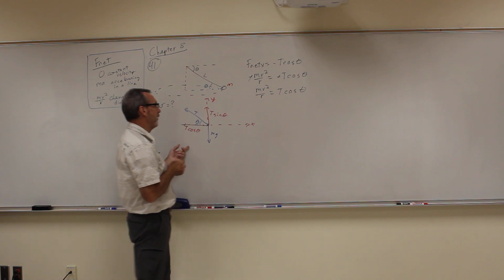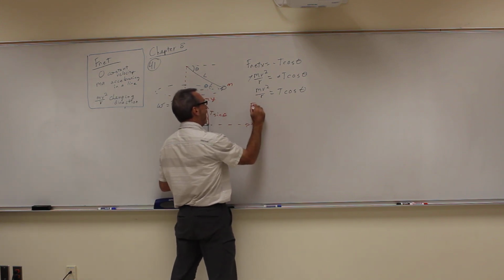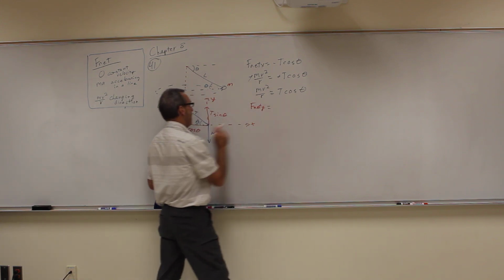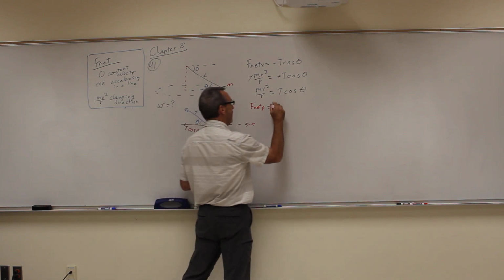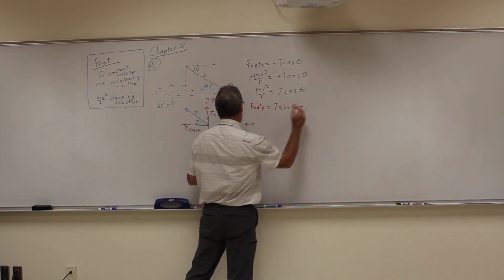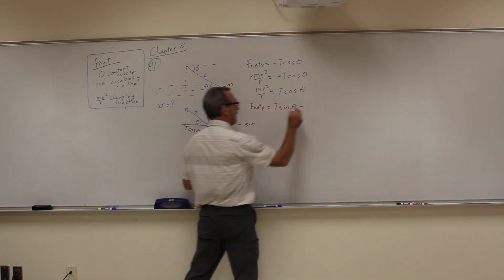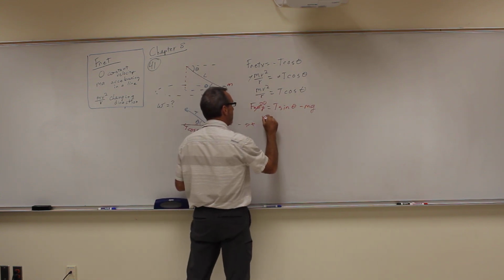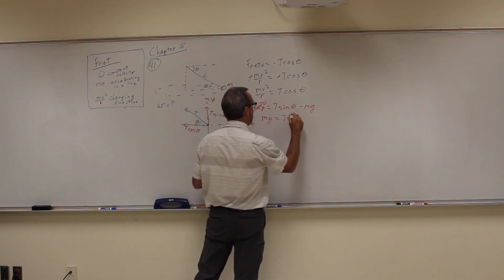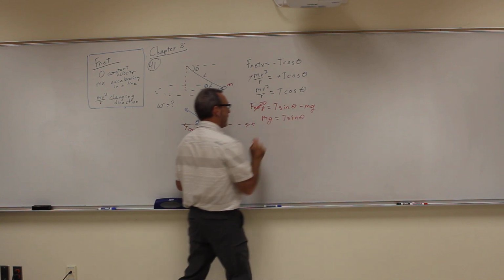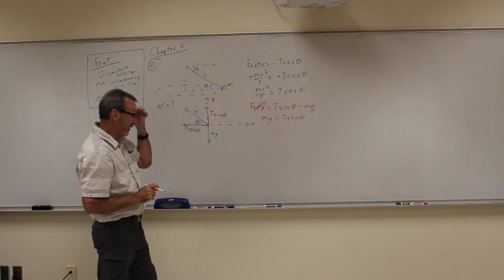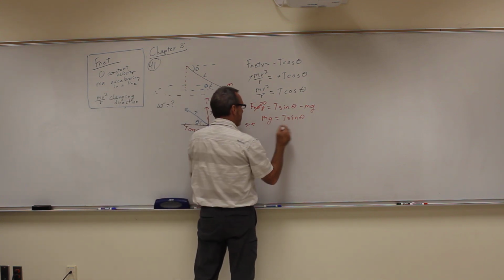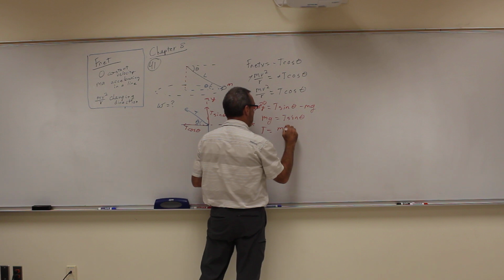But we have F net y. So if we do F net y, we have T sine theta positive minus mg, which is negative. This is equal to 0, or we can say that mg is equal to T sine theta. And then we're going to solve this for T. So I'm just going to divide. I'm going to say, oh, T is just equal to mg over sine theta.